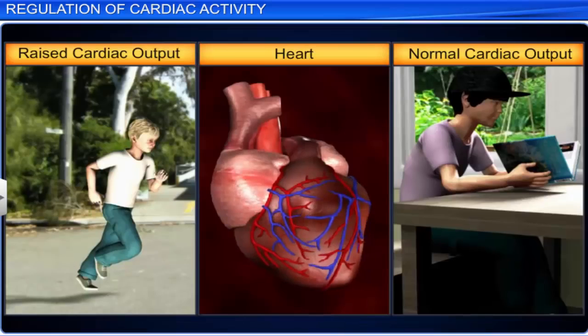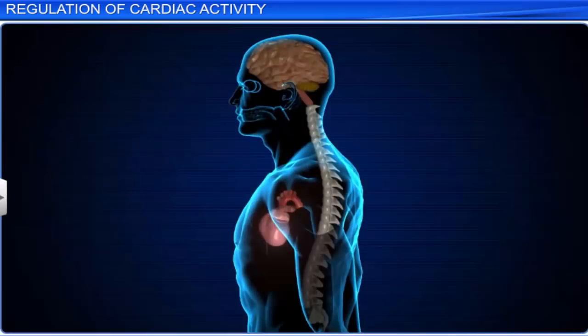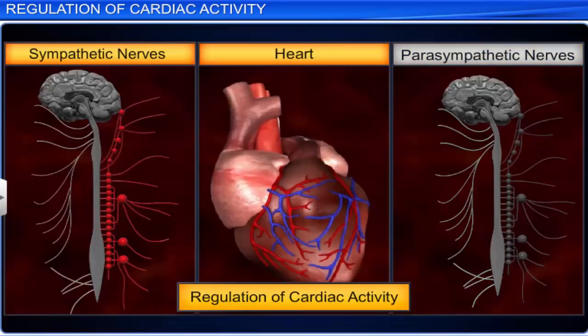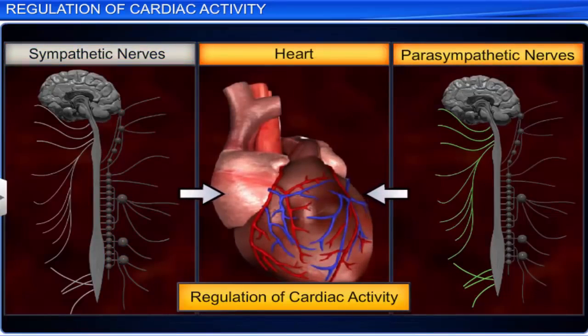Our body has the ability to increase or decrease cardiac output when required. This is because nodal tissues, which induce cardiac activity, are controlled by the medulla oblongata of the brain through sympathetic and parasympathetic nerves of the autonomic nervous system or the ANS.